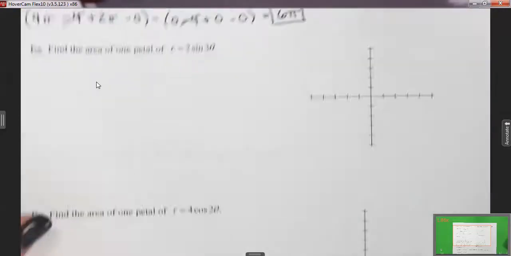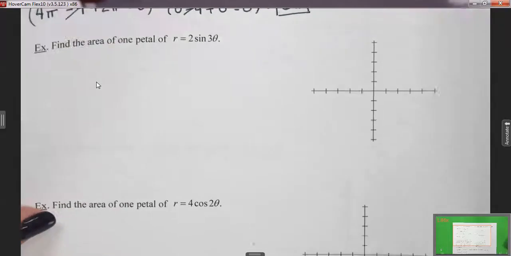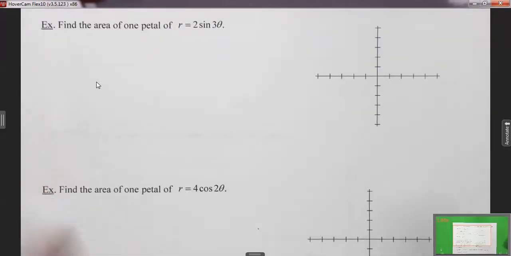All right. Find the area of one petal of r equals 2 sine 3 theta. How do I graph this thing?